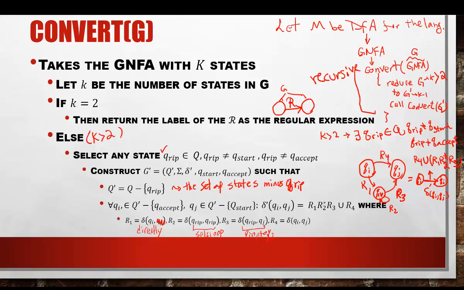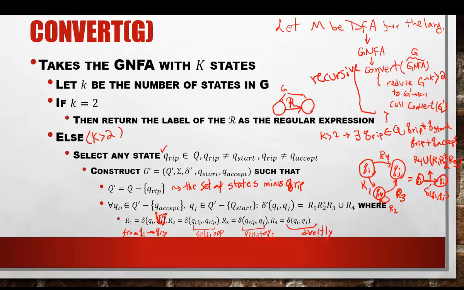R sub 1 is going from QI to QRIP. R sub 2 is the self loop over QRIP. R sub 3 is going from QRIP to QJ, and R sub 4 is going directly from QI to QJ.